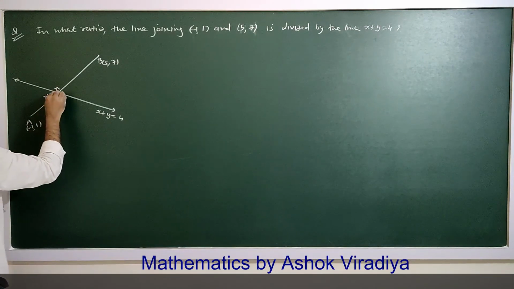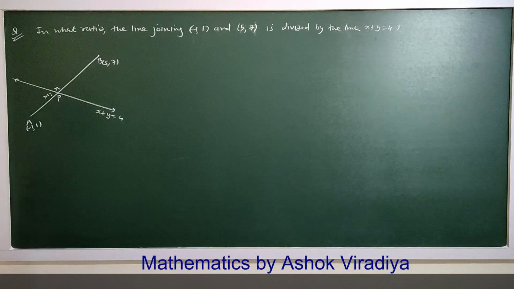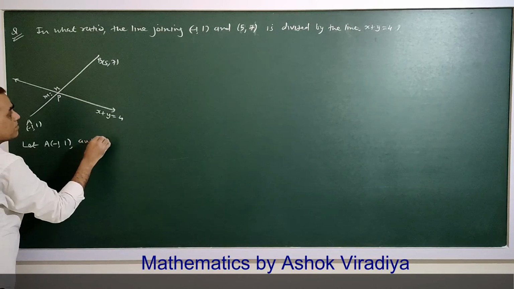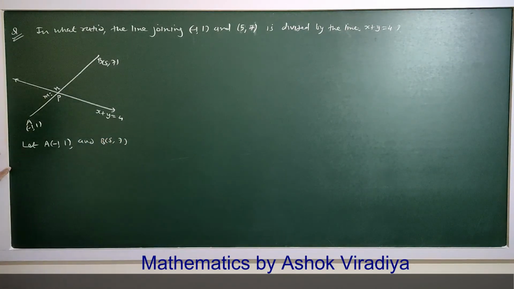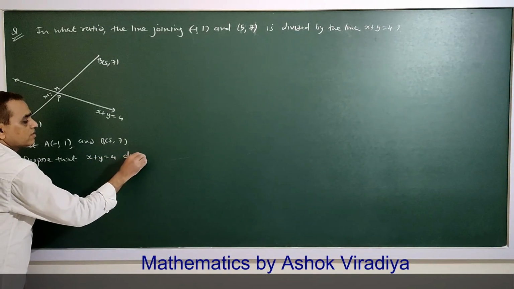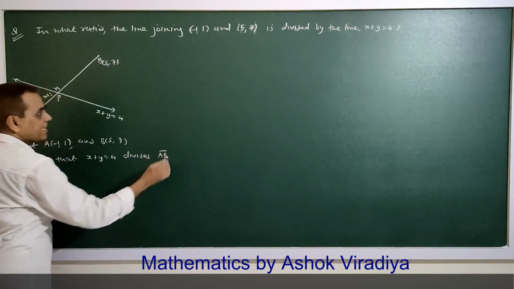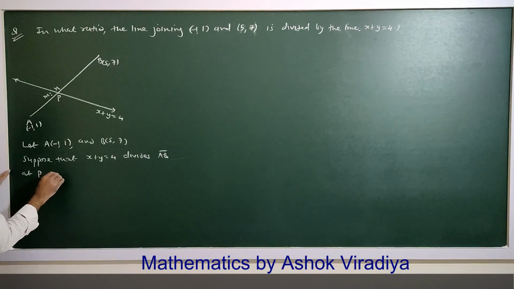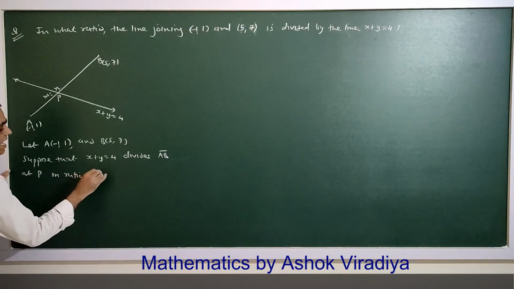And suppose point of division is P. We want this ratio. So say here, let coordinates of A be minus 1, 1, B is 5, 7. We suppose that x plus y equal to 4 divides line segment AB at point P in ratio m is to n.